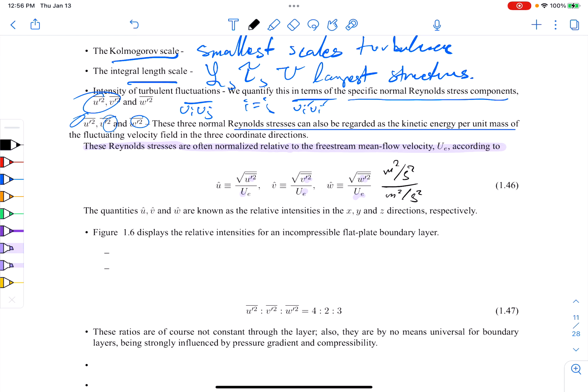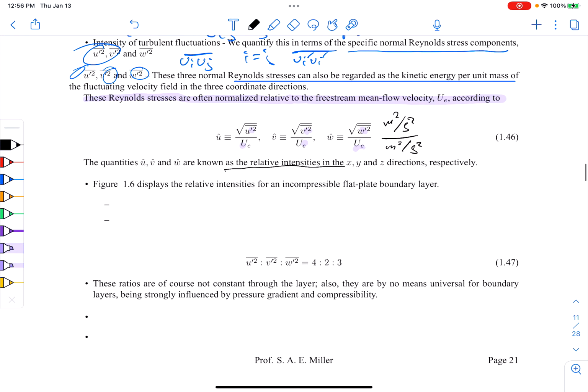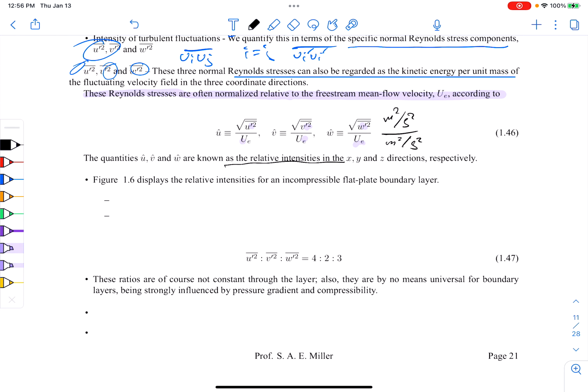So these can be easily found if you have any three velocity components in a turbulent flow. And you might call these sometimes in the literature relative intensities. Sometimes, and I'll talk about in a second, if you have these, you can characterize wind tunnel flows, like what's the turbulence background level in a wind tunnel. Well, that's done a little bit more informally, which we'll show in a second.